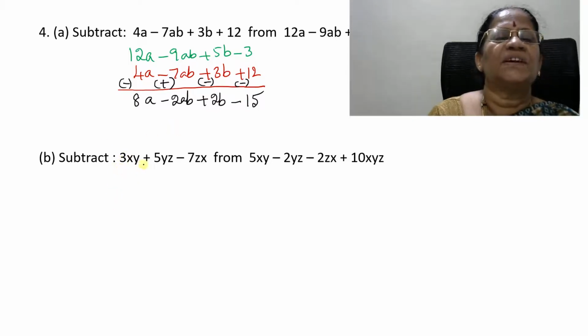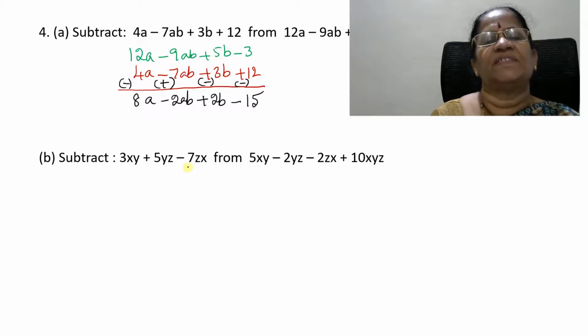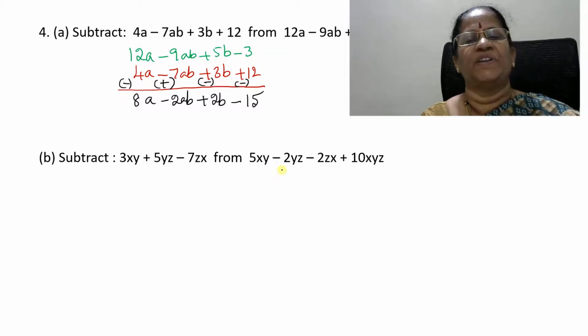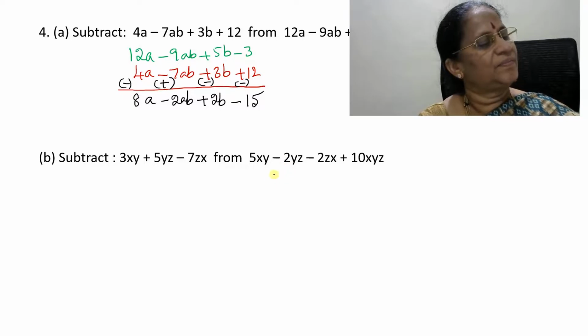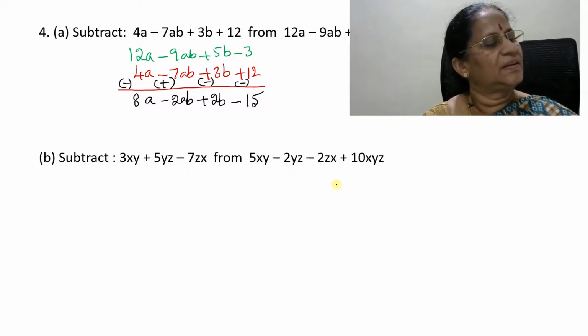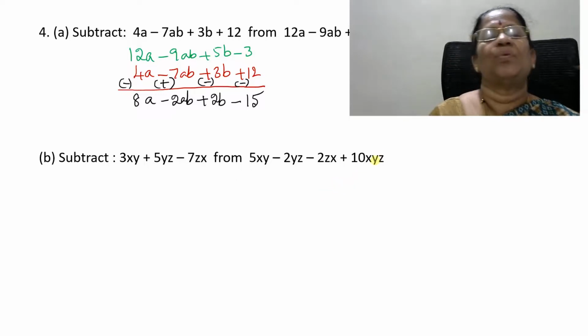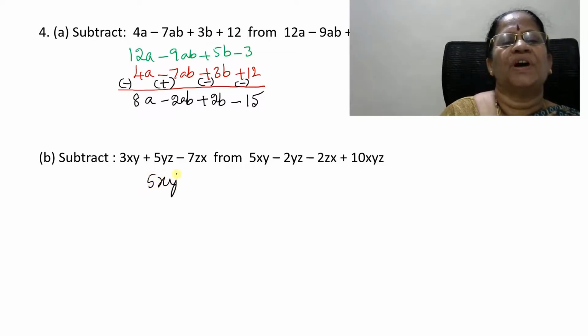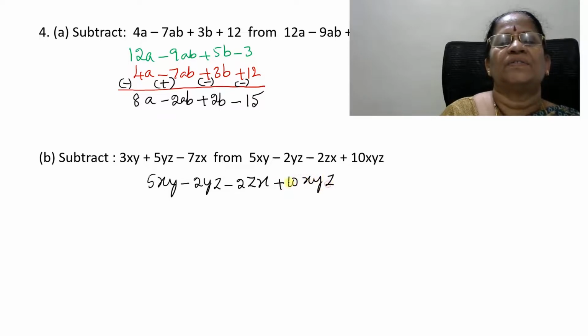Next, subtract 3xy minus 5yz minus 7zx from 5xy minus 2yz minus 2zx plus 10xyz. So write this first: 5xy minus 2yz minus 2zx plus 10xyz.